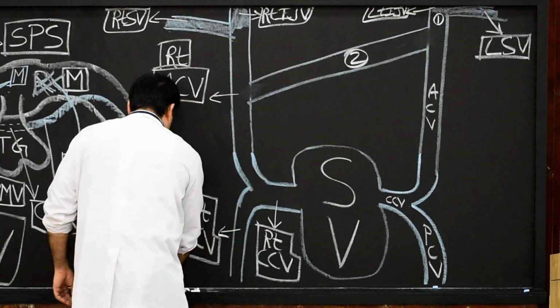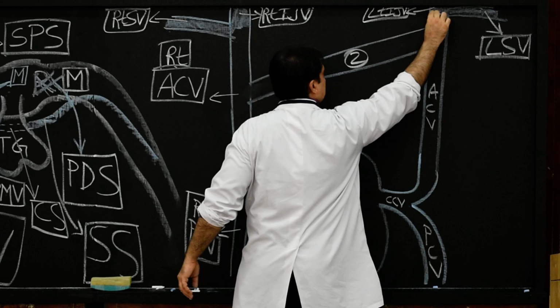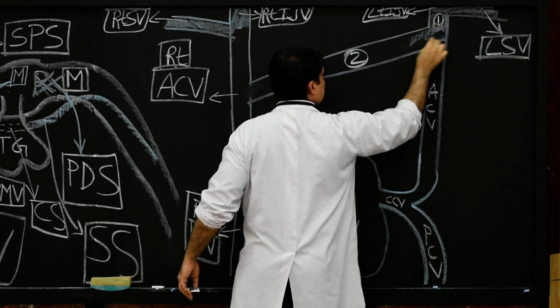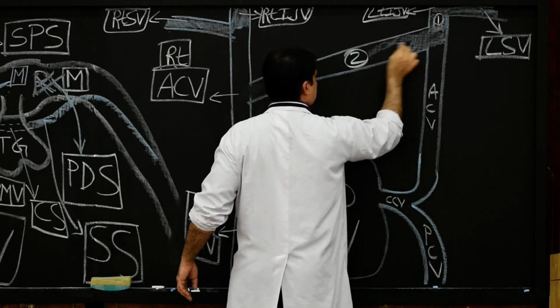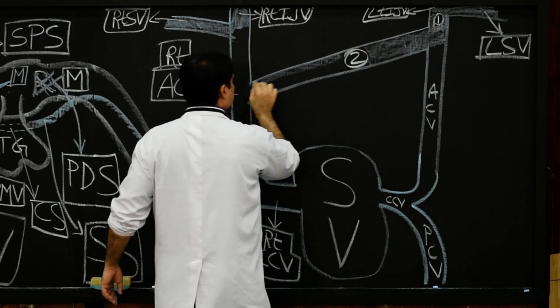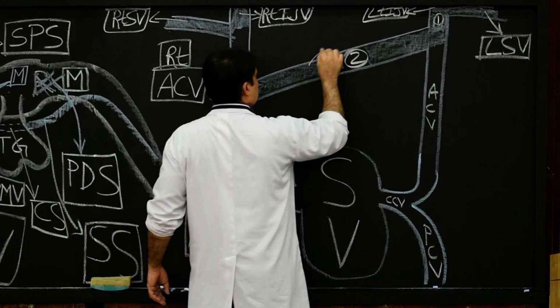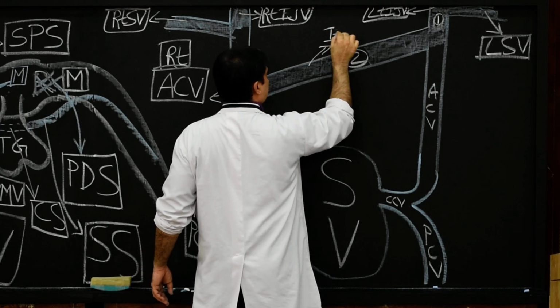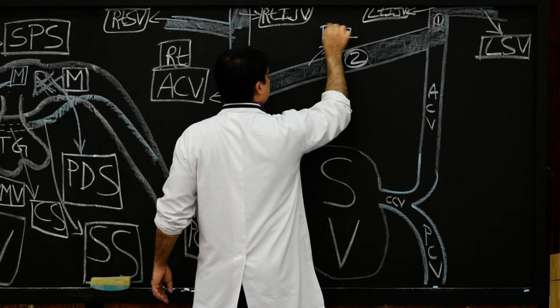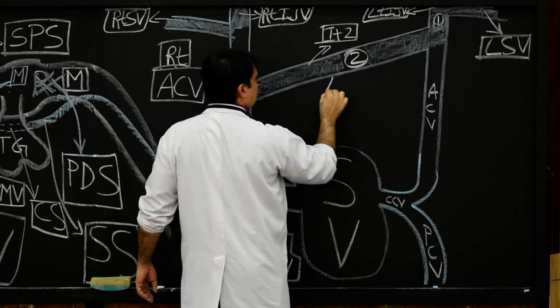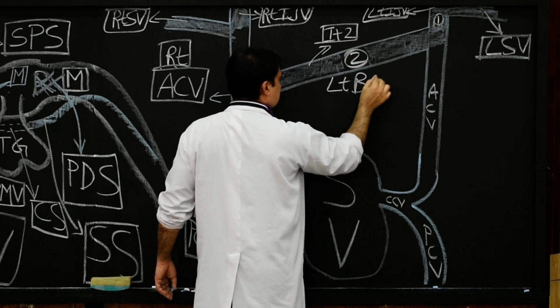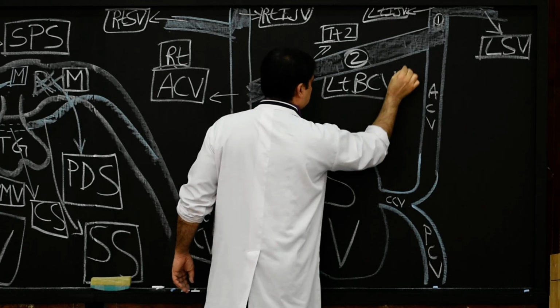So therefore, we need to give this color, and here we will color this much section as the left brachiocephalic vein. So let us write down this as 1 plus 2, and this will lead to the left brachiocephalic vein.